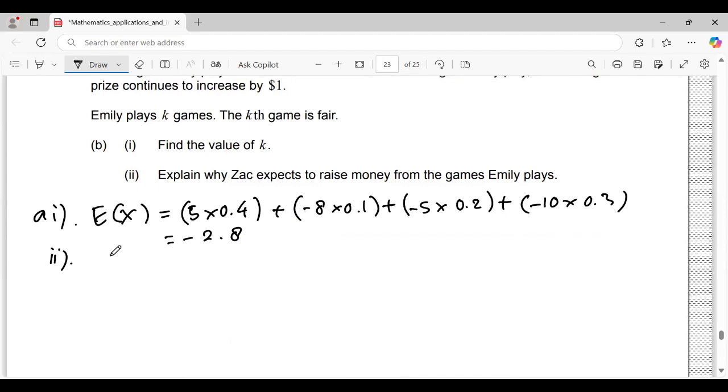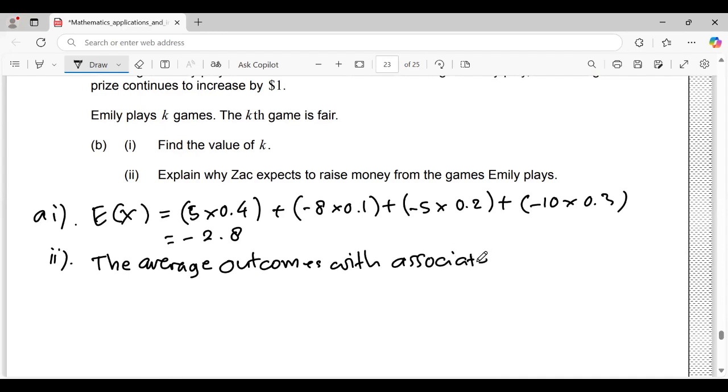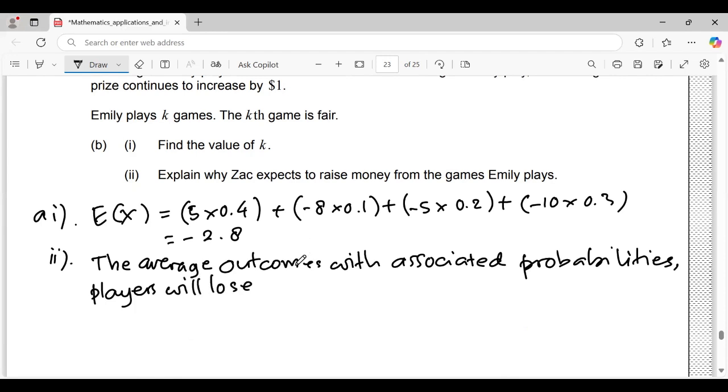My interpretation of this result is that, given the average outcomes with associated probabilities, a player will lose $2.8 for each game.